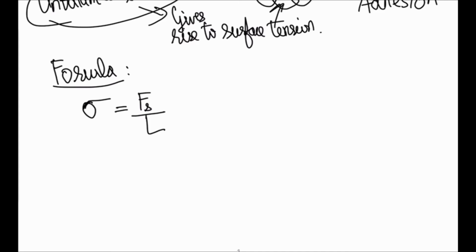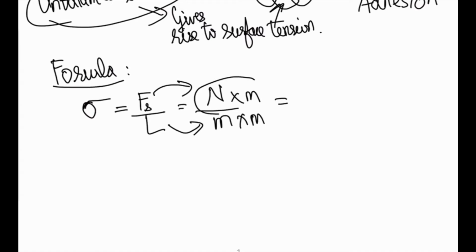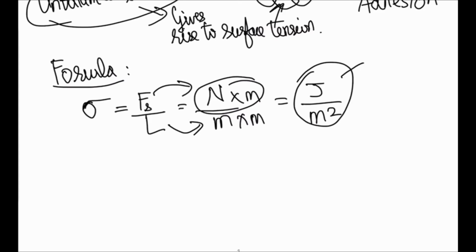The unit of force is Newton and the unit of length is meter, so the unit is Newton per meter. This can also be expressed in other units: if we multiply meter above and below, Newton meter is joule, so it becomes joule per meter square. We need to remember such important units for the GATE and ESE exams. So these units are very important.